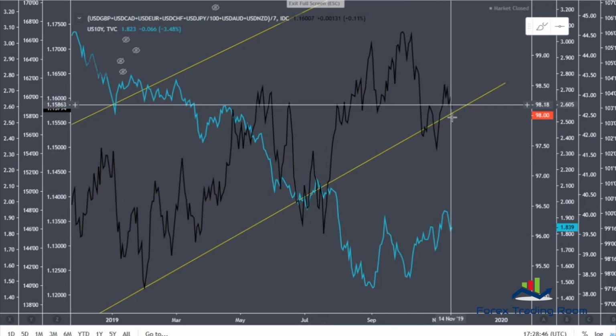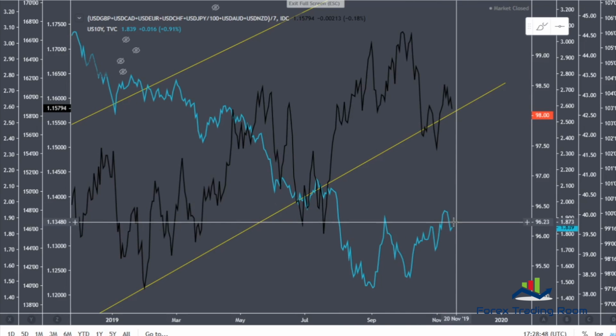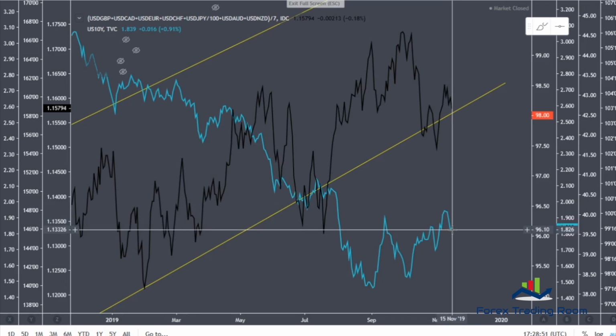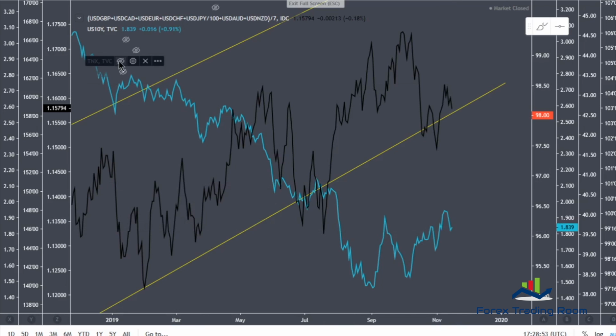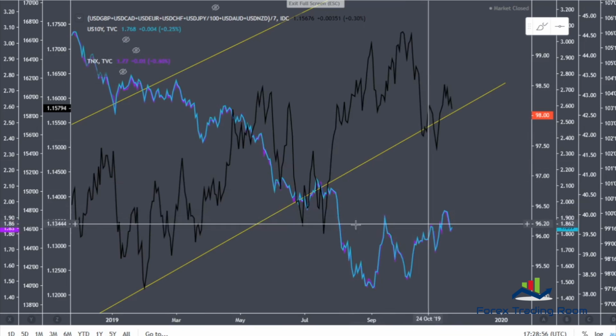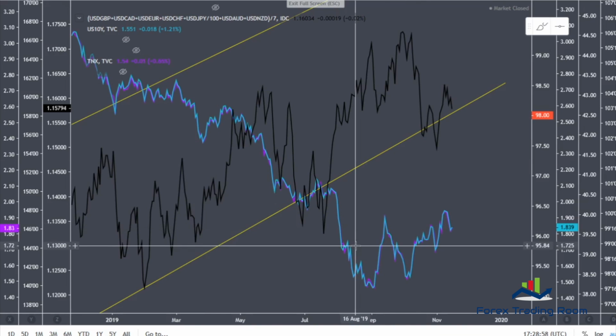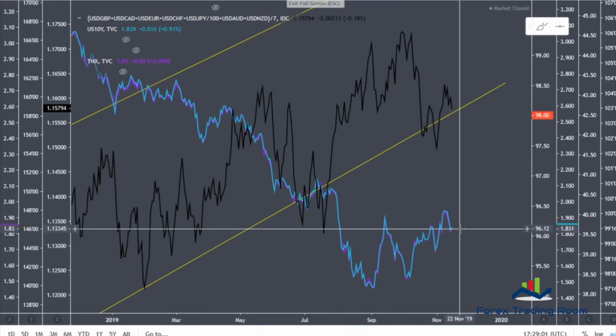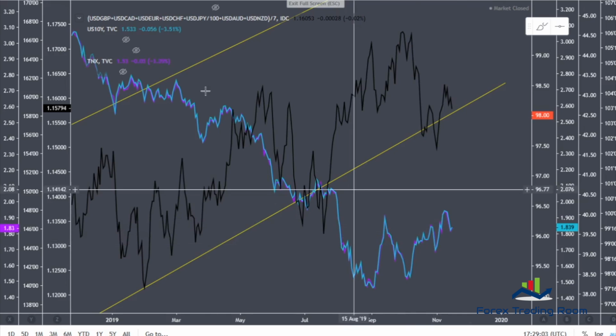The weighted average is moving down, the TNX 10-year Treasury note is moving down. We can also use the TNX itself, which basically follows here, so it's a good indication.